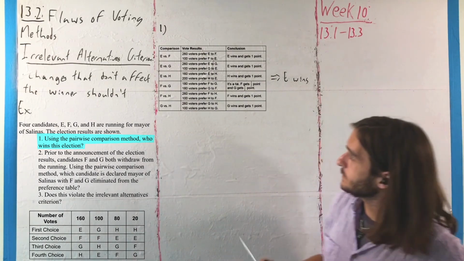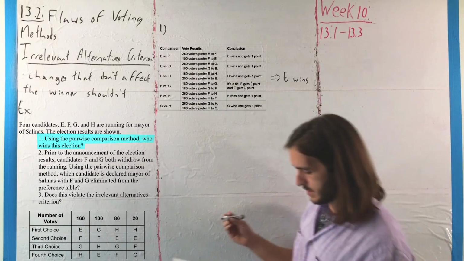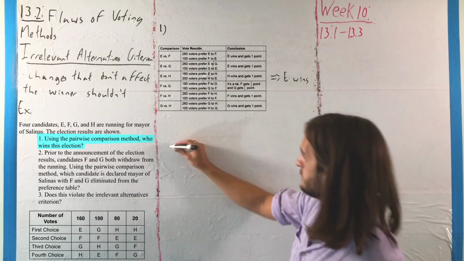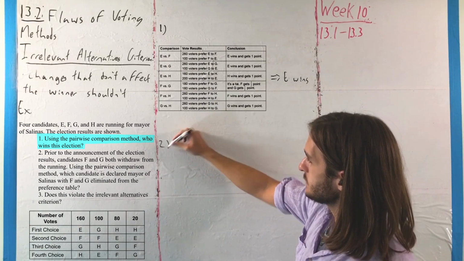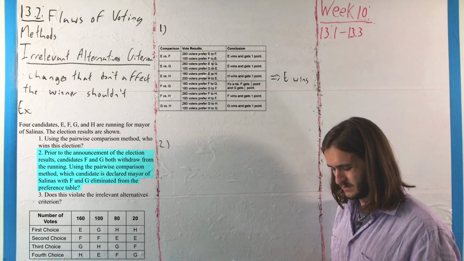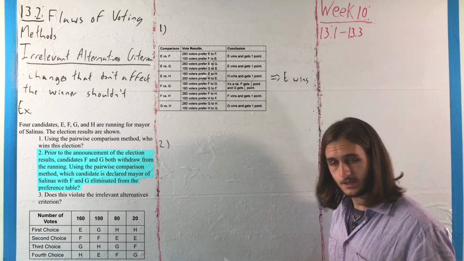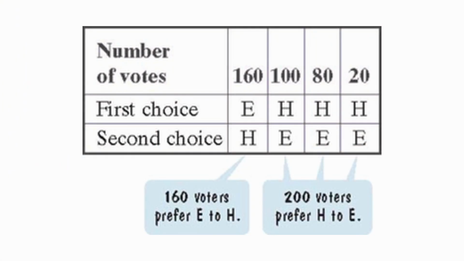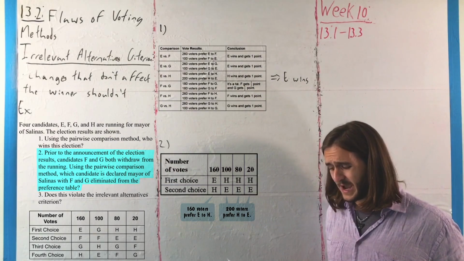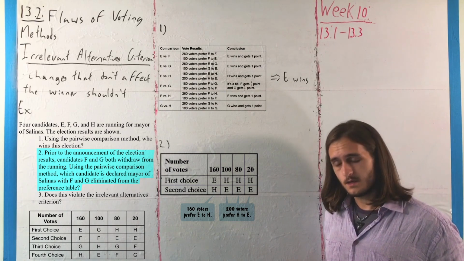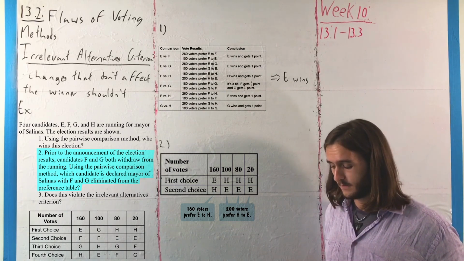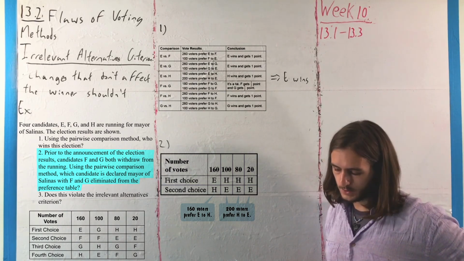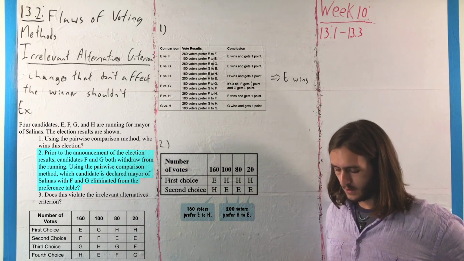On the other hand, if we take this whole scenario and remove 2 candidates that should lose, that didn't do particularly well in that election, all we'd be left with is a comparison between E and H, where H was actually last in the original election, because F and G both had 1.5 points, while H only had 1.